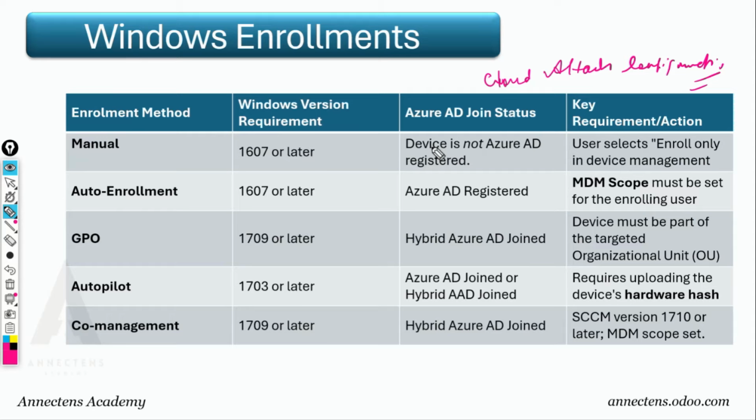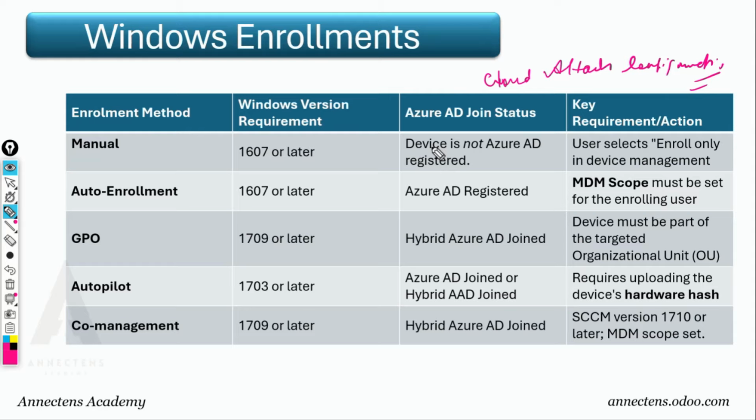ODJ is required, as I said, when you're doing Autopilot. ODJ is especially for when you are doing a hybrid Azure AD join, where we have devices which are joined to on-premise Active Directory and registered with your Entra. There are like 13 or 14 steps that run for ODJ.